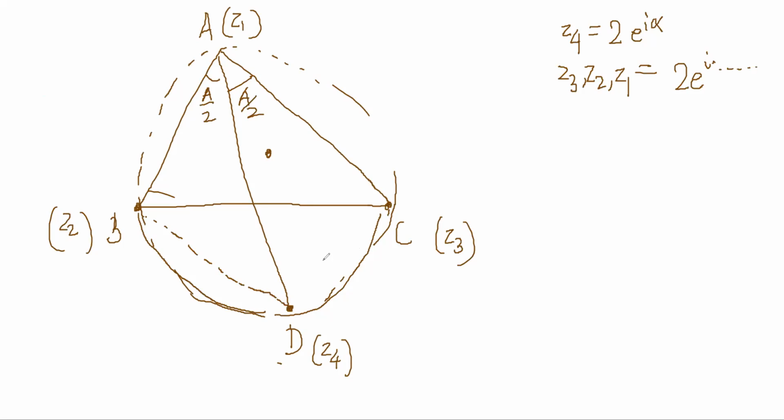Right? D is the midpoint of the arc BC. That is clear, no? One second. Midpoint of arc. Then only it will subtend half angle here and half angle here, no? Equal angles, right? Okay. Correct.